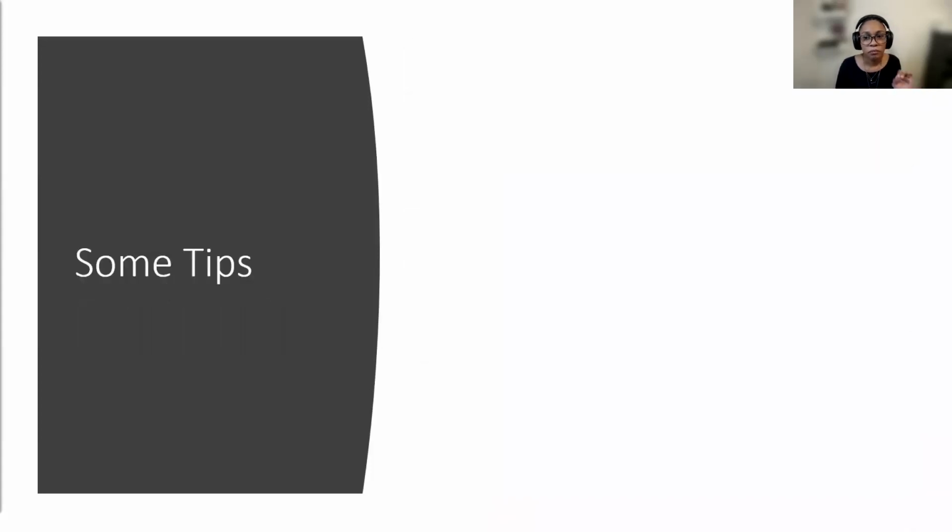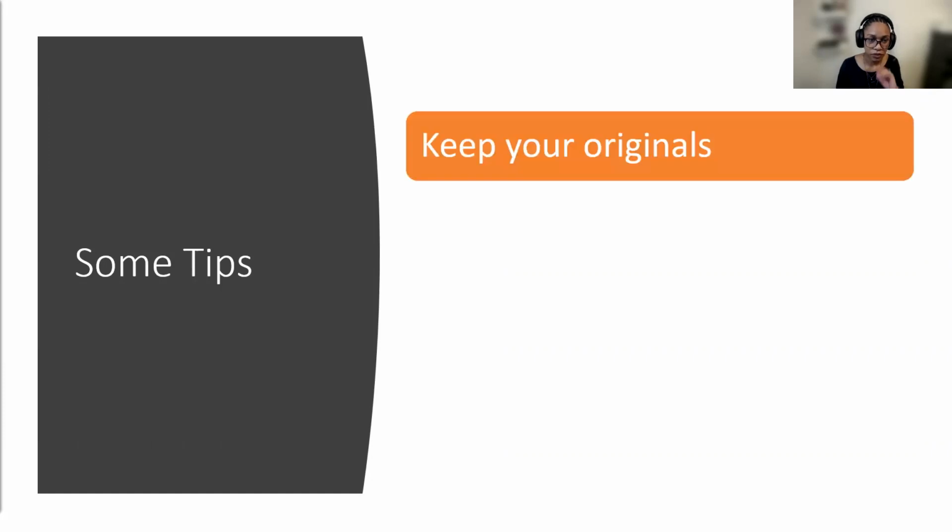So here are a few important things I'd encourage you all to keep in mind as you start working with editing your images. The first is to keep your originals. If you're planning to make even basic changes, even something as basic as cropping or rotating, you should keep an original unedited version of the file.